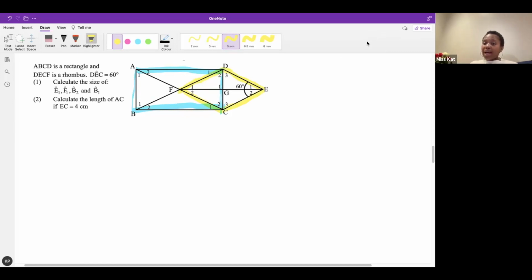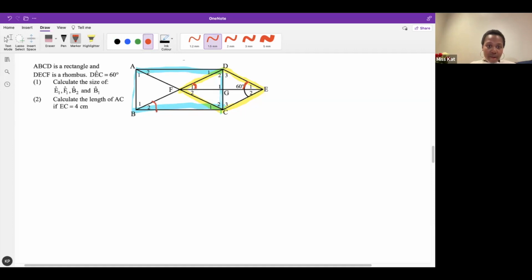Now my brain's like, yeah, you can take a break now. Okay, so we have our shapes. Then they say calculate the size of E1. Where's E1? E1, F1, B2, where's B2?